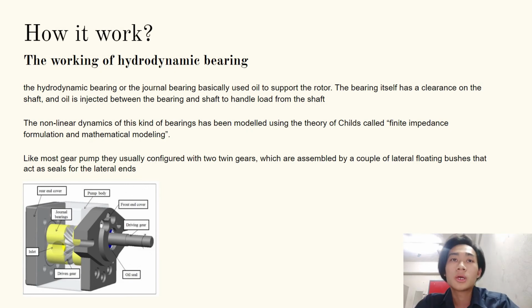Now, the working of the hydrodynamic bearing. As discussed previously, the hydrodynamic bearing, or journal bearing, basically uses oil to support the rotor. The bearing has a clearance on the shaft, and oil is injected between the bearing and shaft to handle the load from the shaft and the radial load from the pressure.